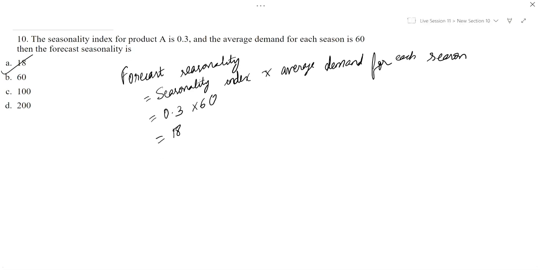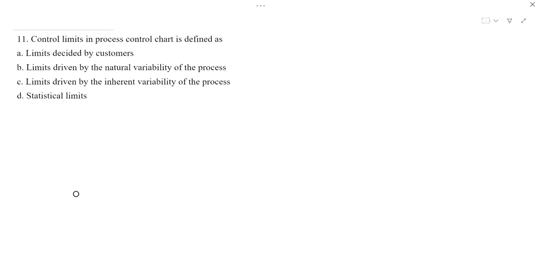Okay, so the next question. Control limits in process control chart is defined as which of the following? Limits driven by the natural or inherent variability of process, statistical limits. Now, these variations can be random. Random means the points are falling randomly here and there around the central or mean value.